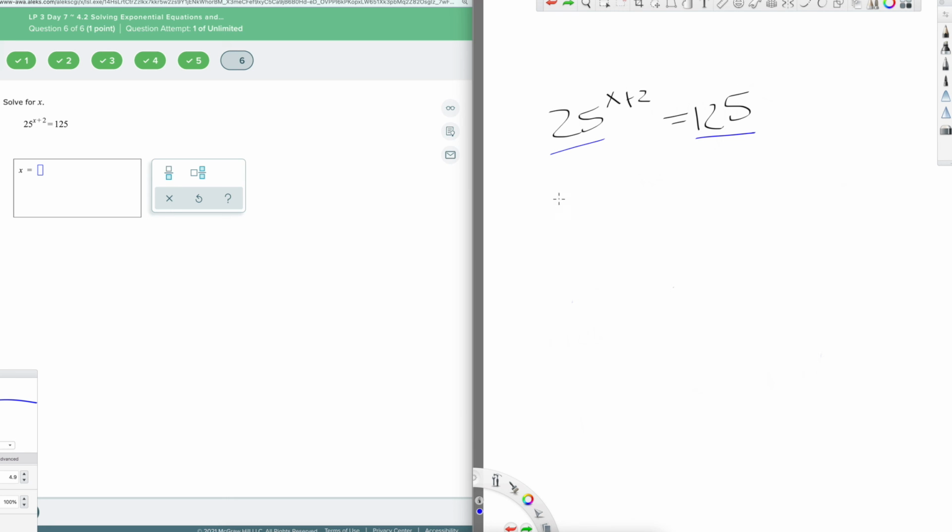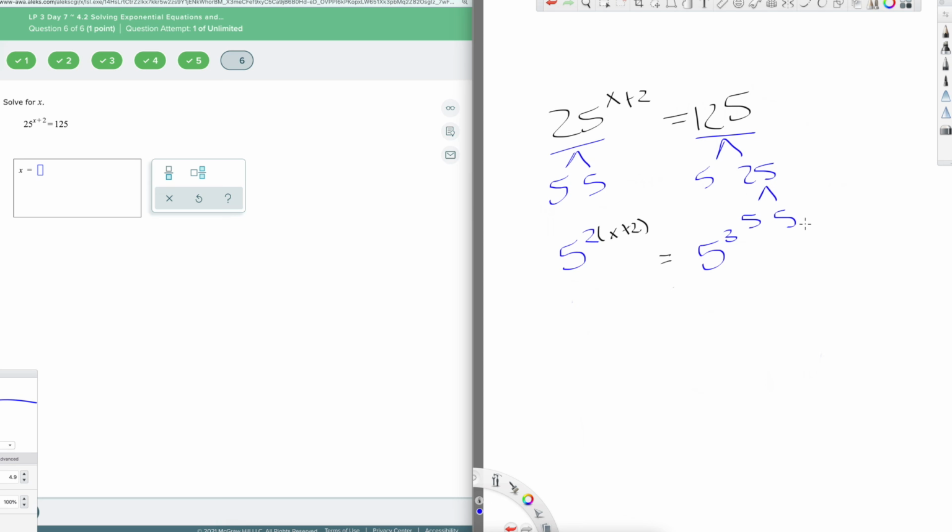So with this one, I can break down into 5 and 5. This one can do 5 and 25, and then 5 and 5. So, ooh, they can break down all into 5s, can't they? So with 25, I can rewrite that as 5 squared, and it already has the x plus 2 here. I have to make sure I include that. That's already there. Equals, and this one is going to be 5 cubed because there's 3 of them.